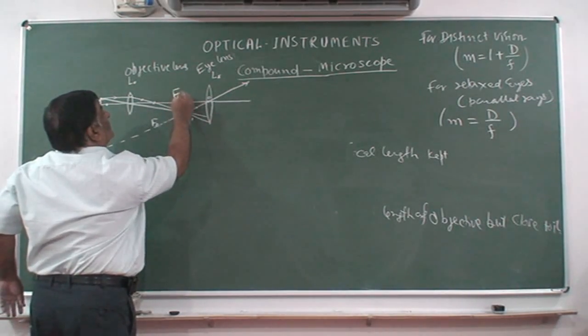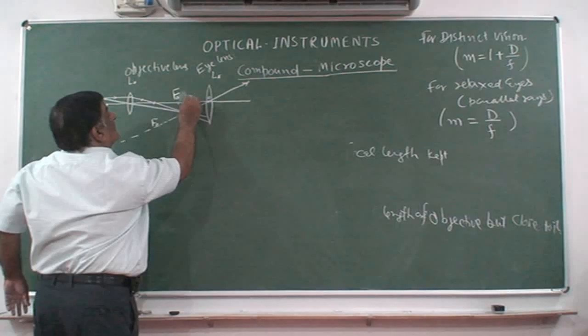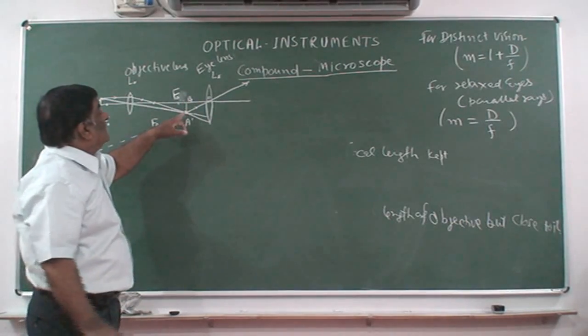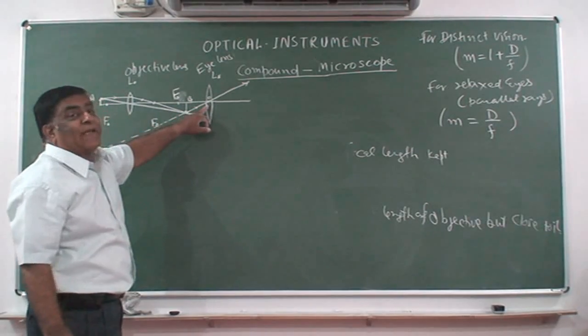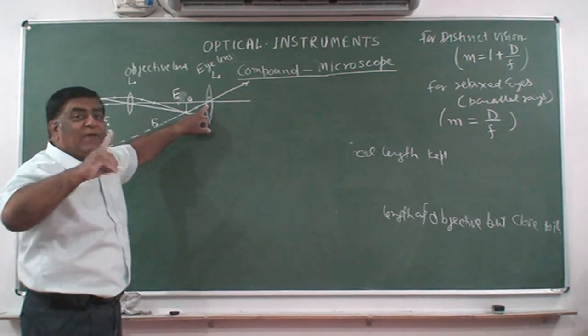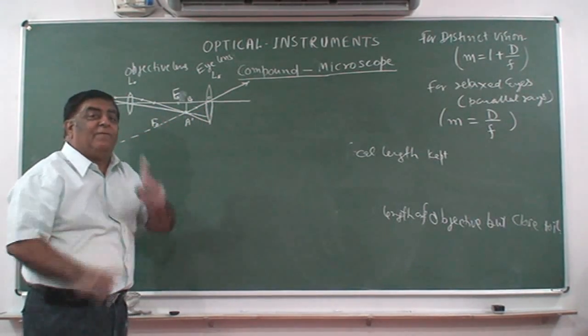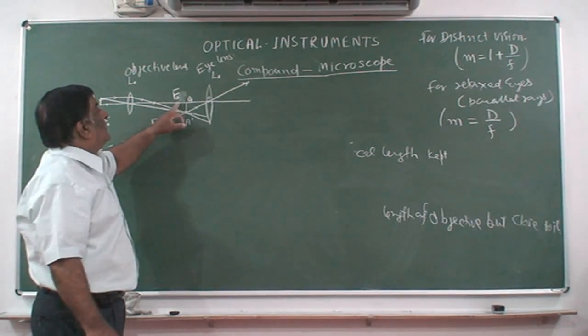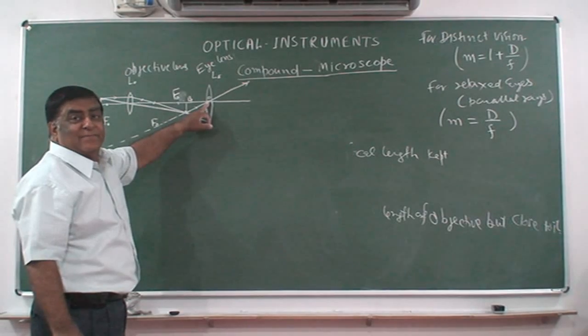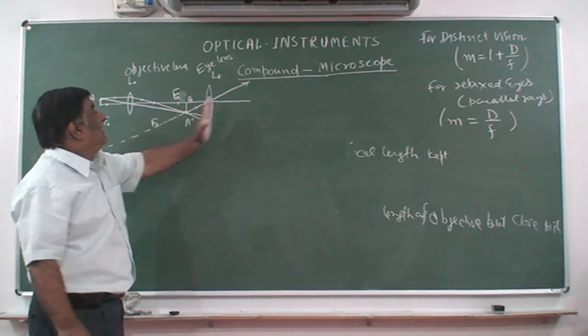This is the focus of the objective, and this is B. Now where is the object for this? The object is between the focus and the optical center, and this we have done purposely. When we were studying the simple microscope, we were keeping the object between the focus and the optical center. The same thing we have done here.